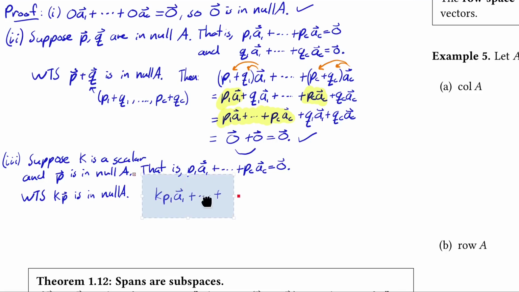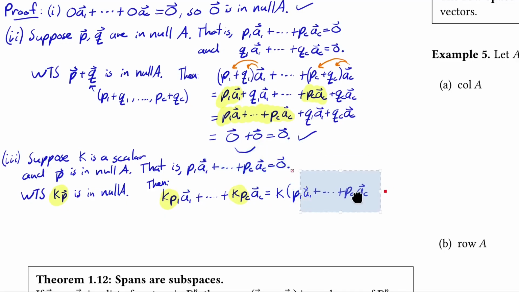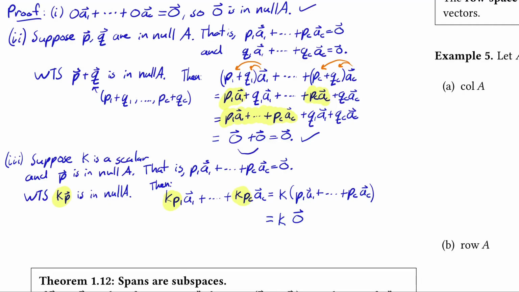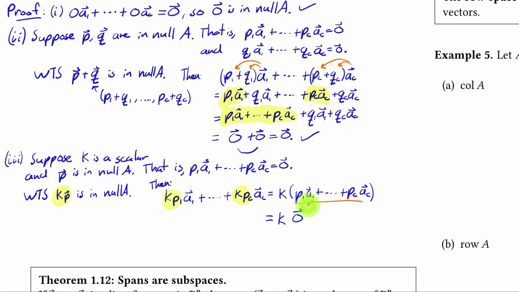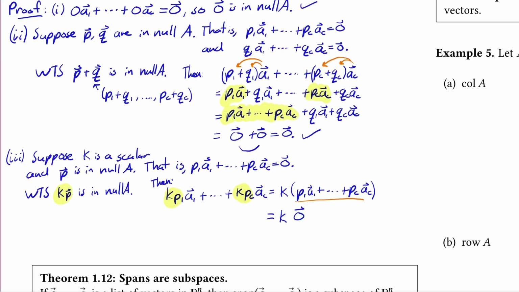because when you do this linear combination, you can factor out the K. And we assume that this whole thing is the zero vector, because P is in the null space. So K times a zero vector is always equal to 0.